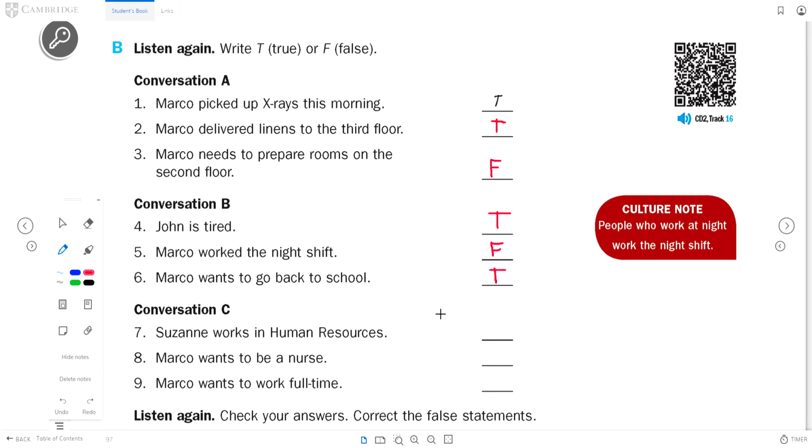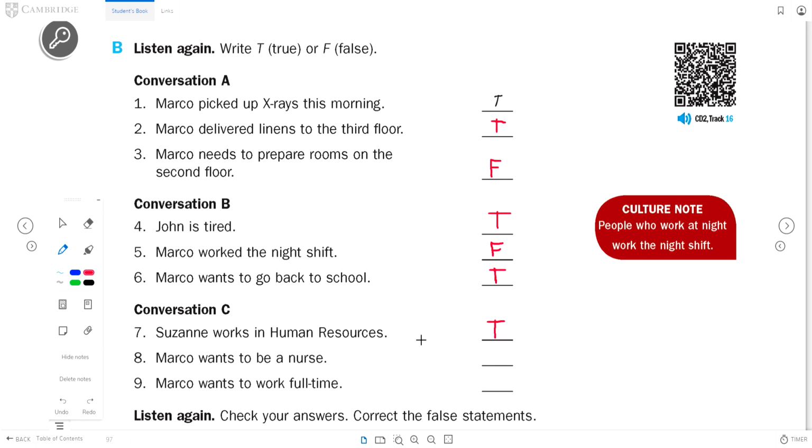Now, conversation C. Suzanne works in human resources. Very good. Do you know what human resources is? Human resources is a department, usually in medium-size to big companies. They deal with employees. Okay, they deal with employees.